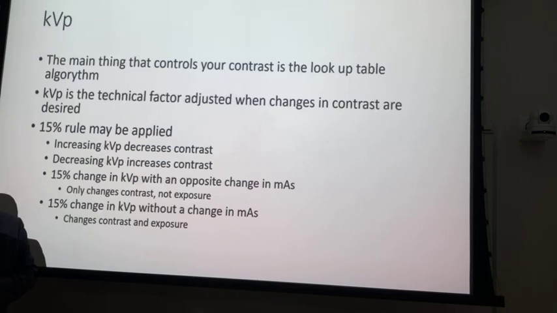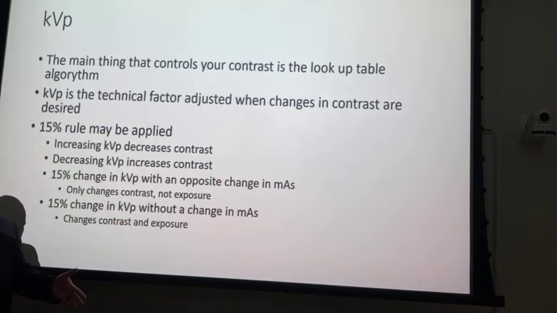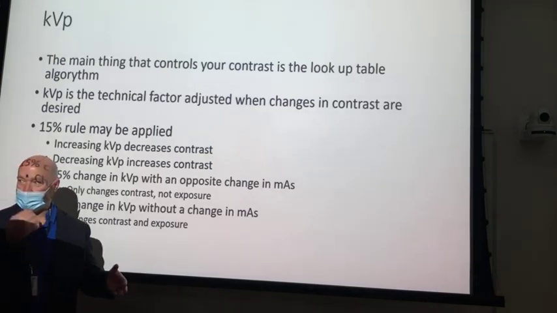Which way do we go with our kVp? Up. We go up, we haven't done anything with mAs, so our exposure goes up too. What do you do with your mAs? Leave it. You do nothing, because our question says you showed inadequate exposure and inadequate penetration.